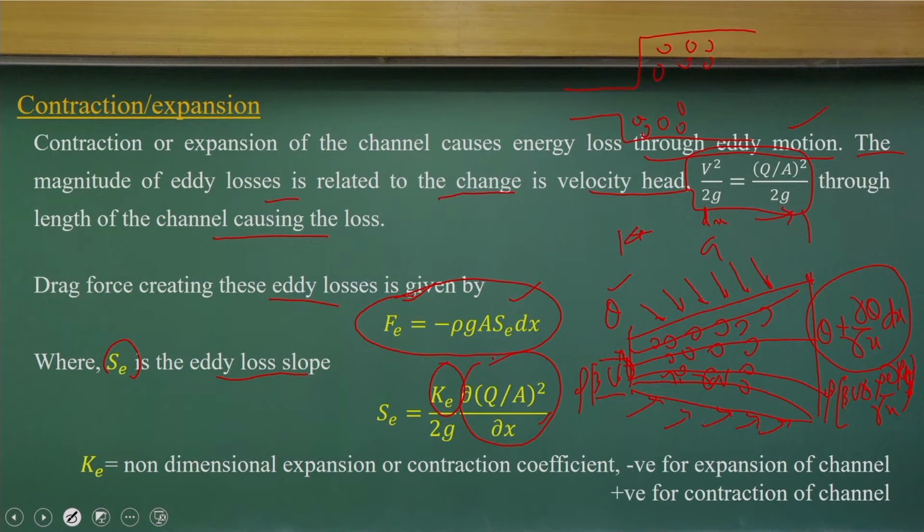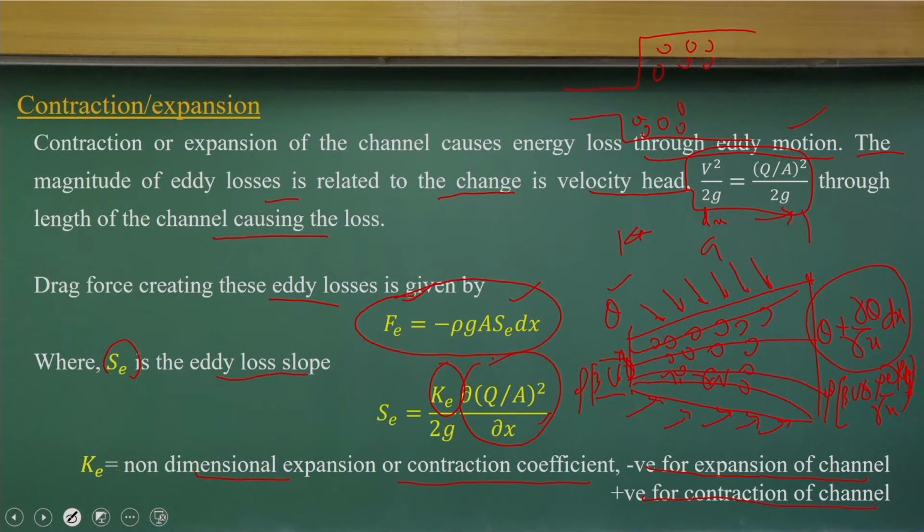Depending upon your river and physical model information, you can include the Ke value for a particular river system. There will be non-dimensional expansion and contraction coefficients. It is negative for channel expansion and positive for contraction of the channel.